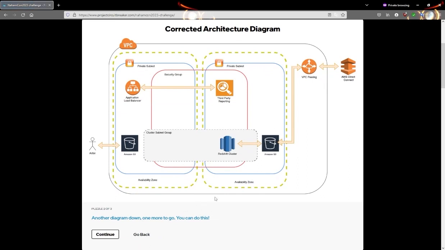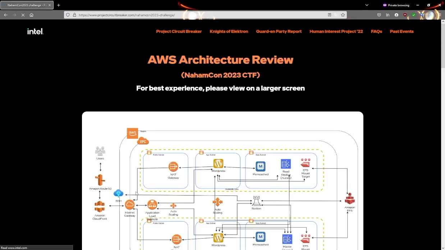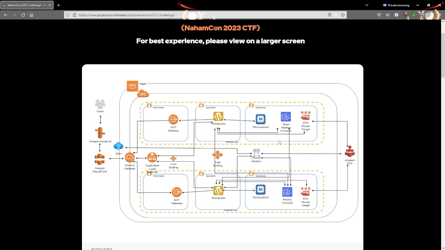Bastion host, as I remember, is like a gateway between the secure environment and the external environment. So it should not lie inside here, but should be like here. I might be wrong about this. Okay, let's continue to the third one, and it is way more complicated than that one.